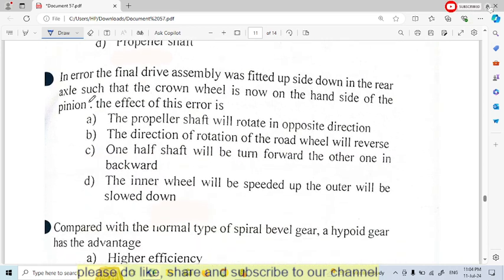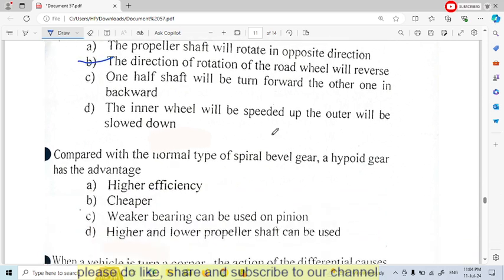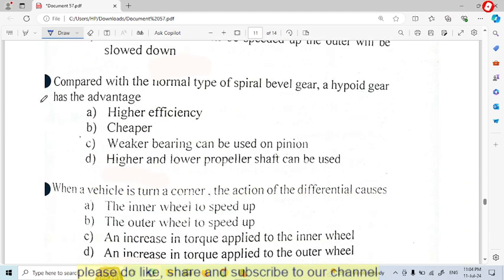Okay. In error, the final drive assembly was fitted upside down in the rear axle so that the crown wheel is now on the opposite side of the pinion. The effect of this error is that the direction of rotation of the road wheel will reverse. Okay. Option B is the correct answer.